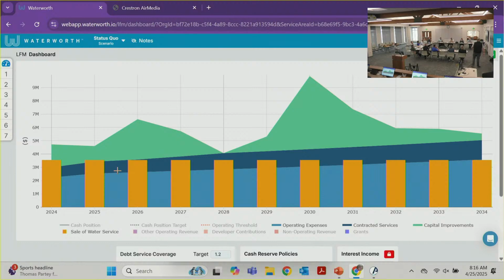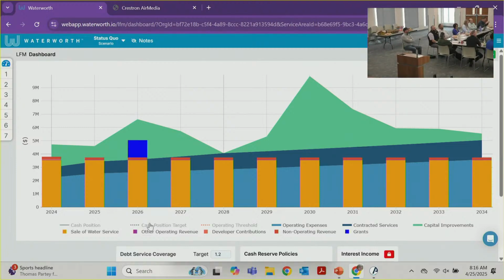Understood now. So is there any way you could show on those orange graphs if you added a 1% increase? Yes, so we'll get to that one. So then there's other operating revenue, developer contributions, non-operating revenue, and then grants. So in 2026, you'll see this blue grants bar.